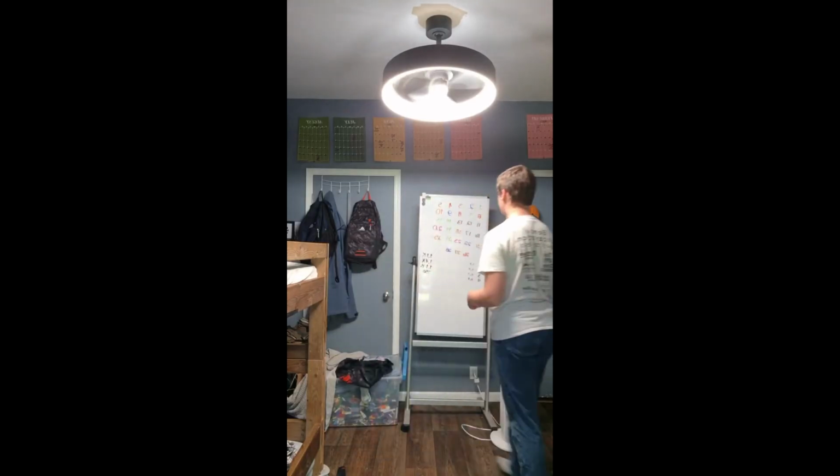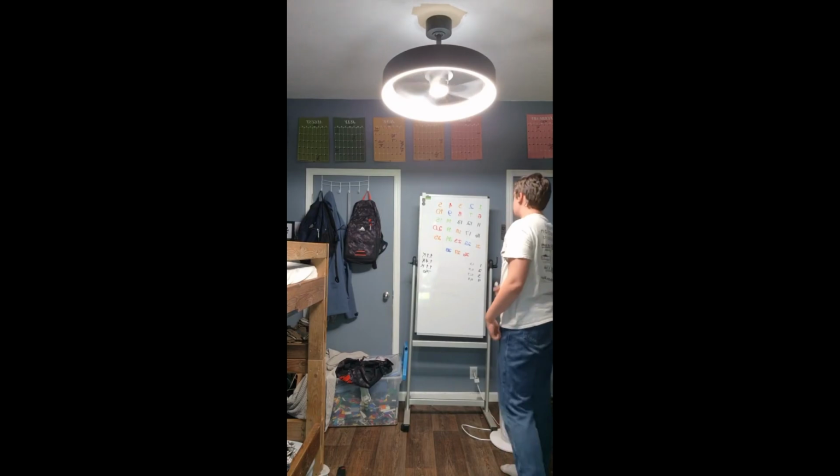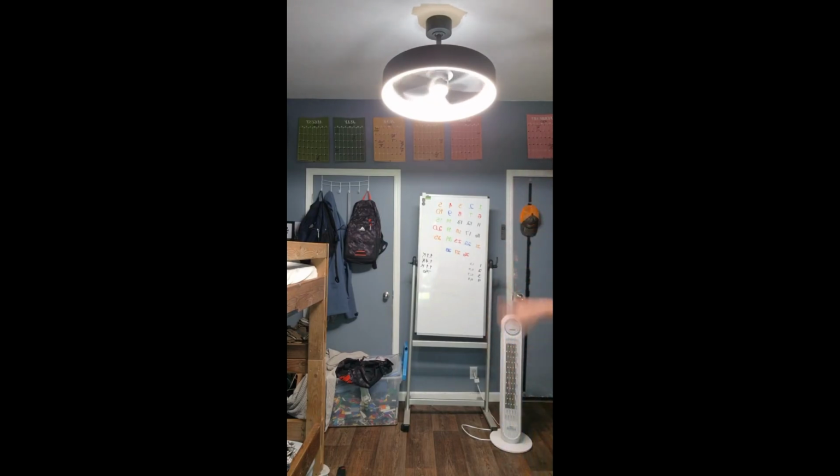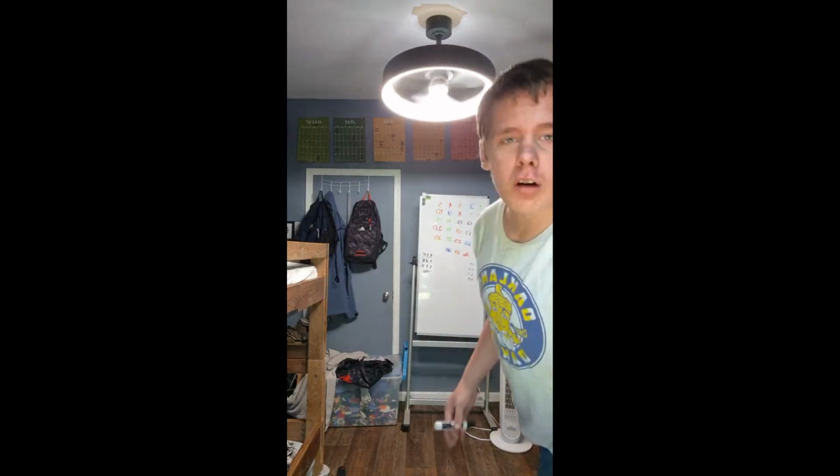Okay, so this will be our last 5 problems. The last 5 problems that we're going to be doing are worth 1,000 points. Okay, we're almost at the 3/4 hour mark.